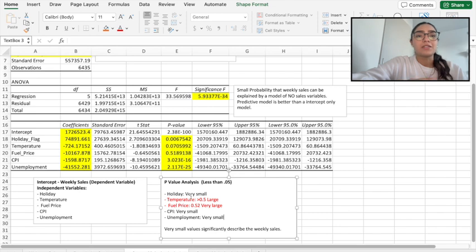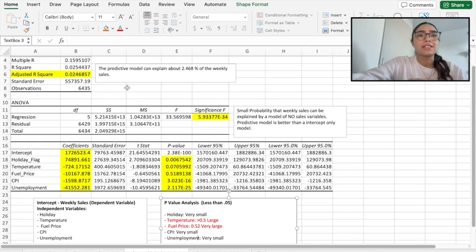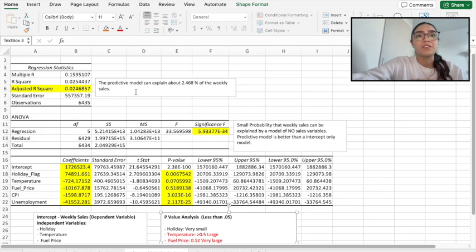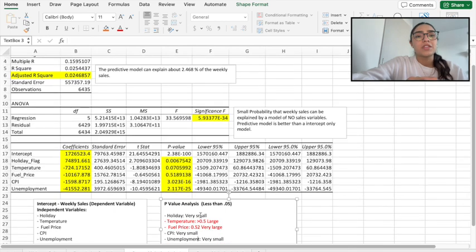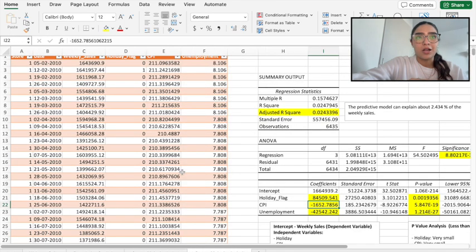So because of this, we decided that it was a good idea to make another model with just these three variables that were significant to see if there were any improvements on the initial predictive model that we did. So that's what we did next.